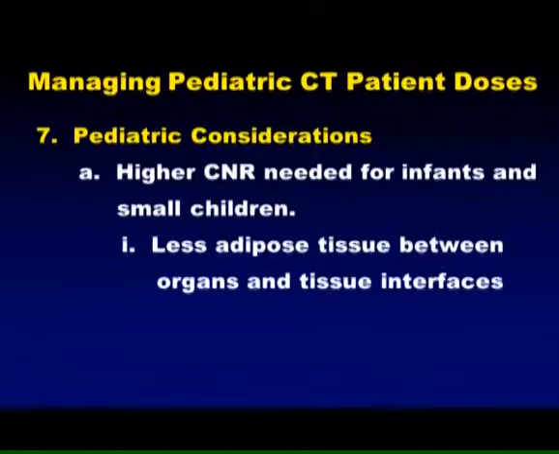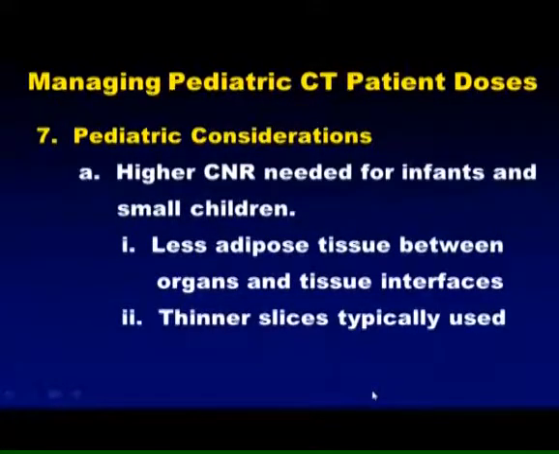Another important thing to keep in mind is I can't keep the contrast to noise ratio the same for children. I can, but it won't be acceptable. I need more contrast to noise ratio for infants and small children, partly because there's less adipose tissue between the organs and the tissue interfaces.